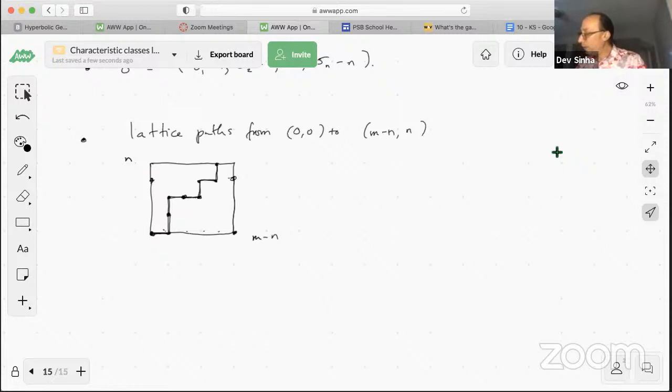So then what you can see from that is that these are a standard object as well.